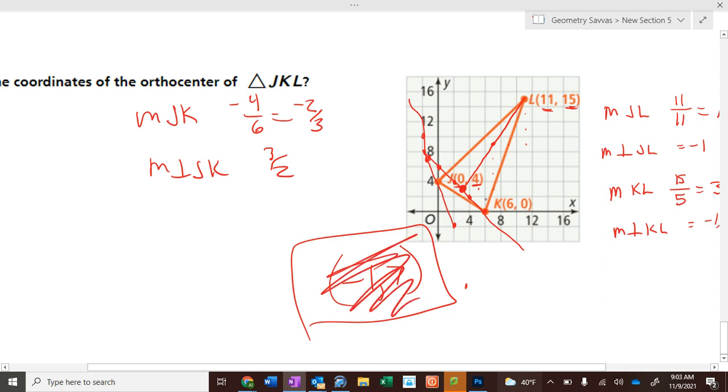I don't know what I was doing wrong on this other one. So it should be more like (3, 3) is where they cross. Because I was going the wrong direction on this one.